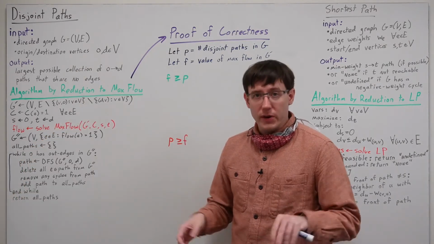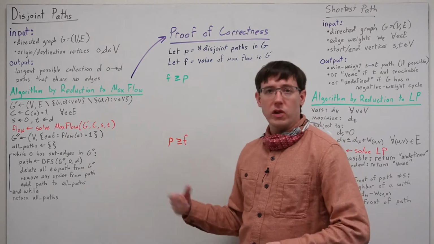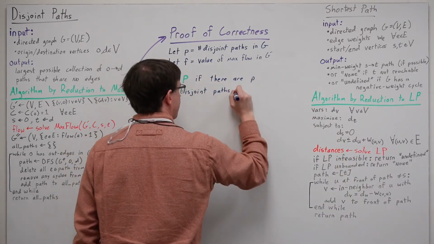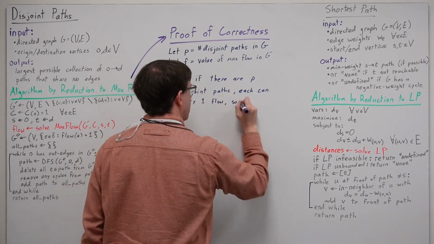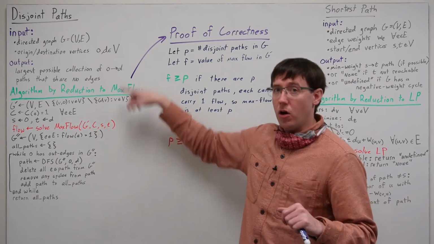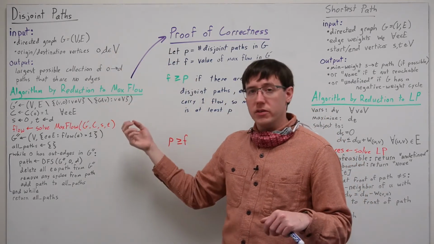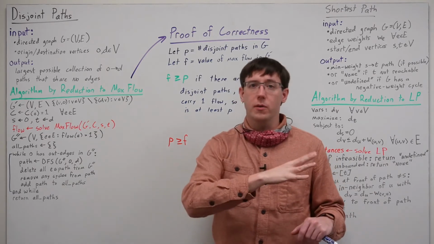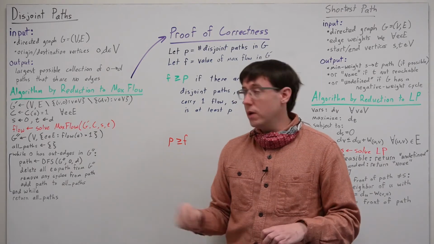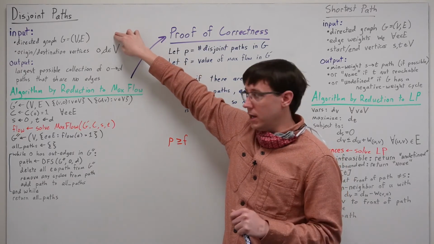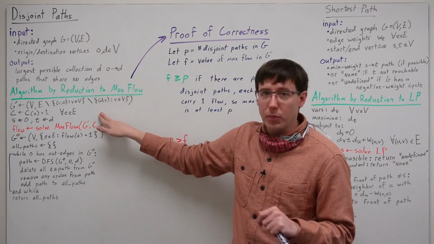We can show that these are equal by showing inequalities in both directions. Because we built G prime to contain all of the edges of G, except for the useless ones that come into the origin or out from the destination, we know that any path from origin to destination in G is also present in G prime.